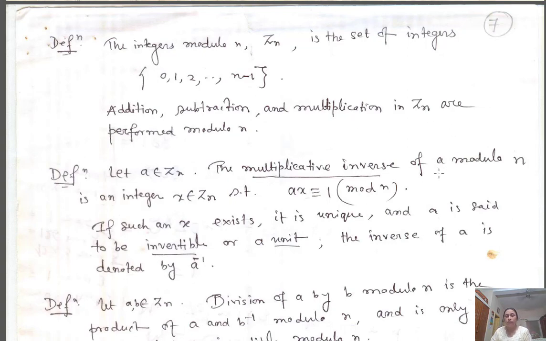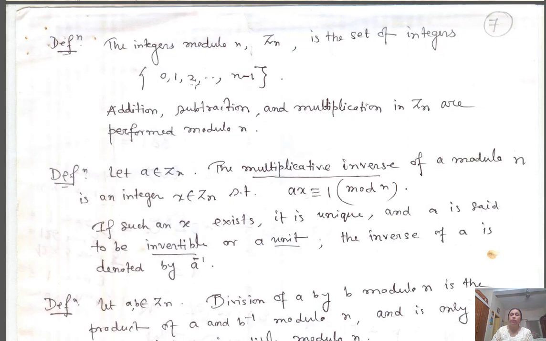Now I am formally defining the multiplicative inverse. We have already used this in the affine cipher, finding the modular inverse. Let a belong to Zn.